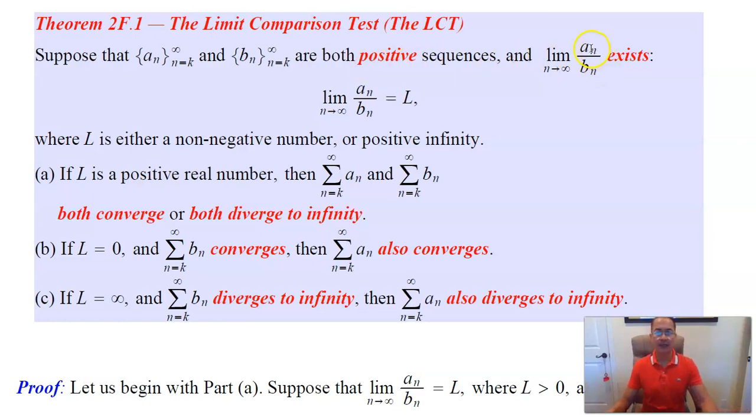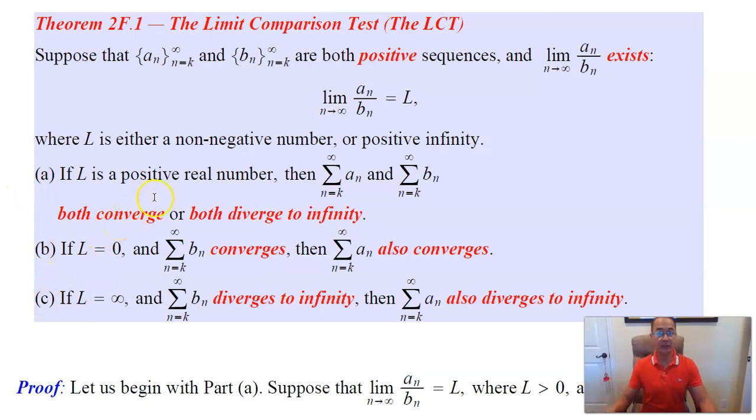And we know that the quotient a_n over b_n has a limit at infinity, and this limit is L. Because we're taking the quotient of two positive numbers, that quotient will also stay positive, so that limit cannot be negative. It is either 0 or a positive number, or maybe it's positive infinity. So we have those three possibilities in these three cases.